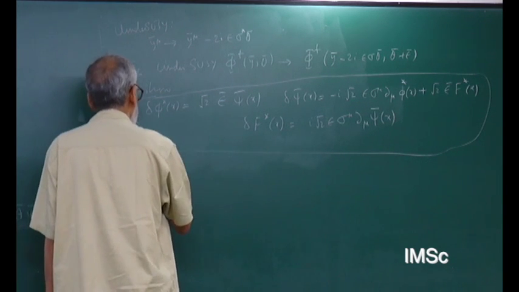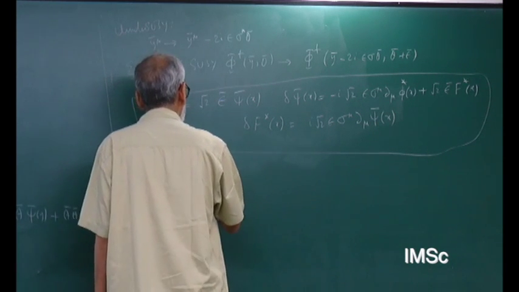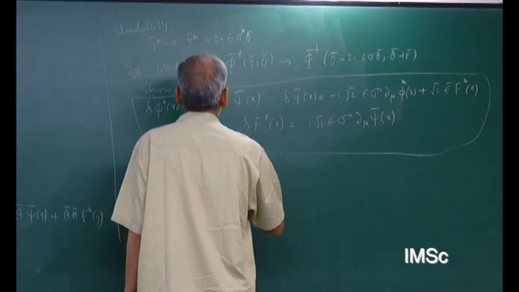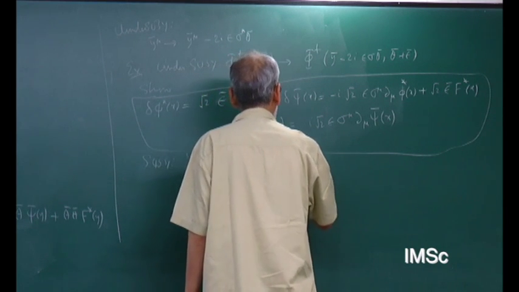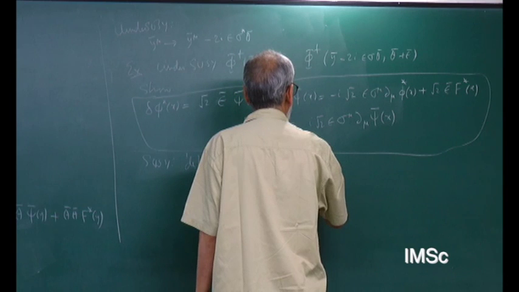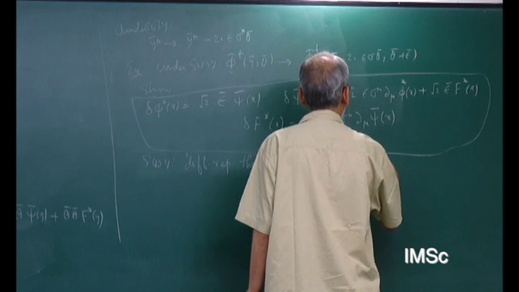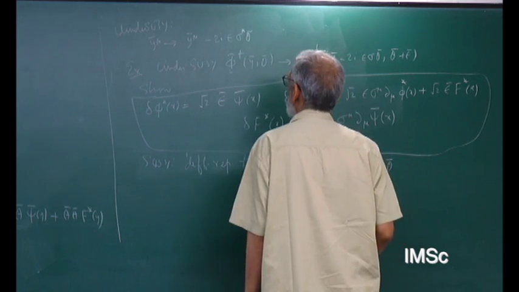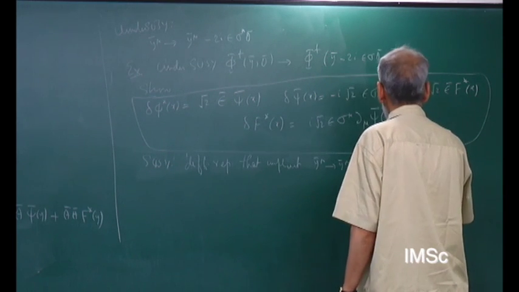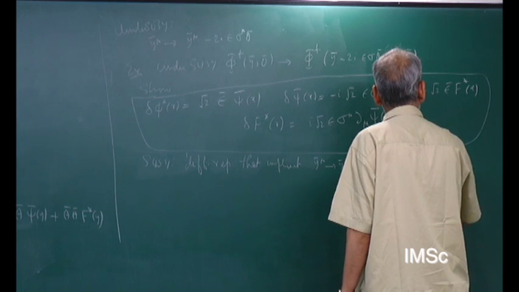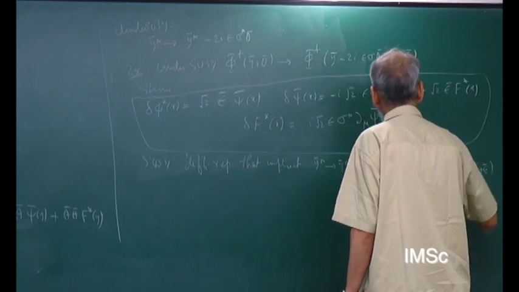So the SUSY differential representation implements this transformation, that y bar mu goes to y bar mu minus twice epsilon sigma mu theta bar. Do I have it? Yes. And theta goes to theta plus epsilon. Theta bar goes to theta bar plus epsilon bar.